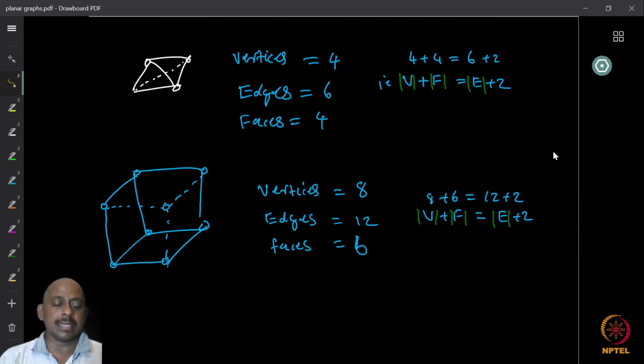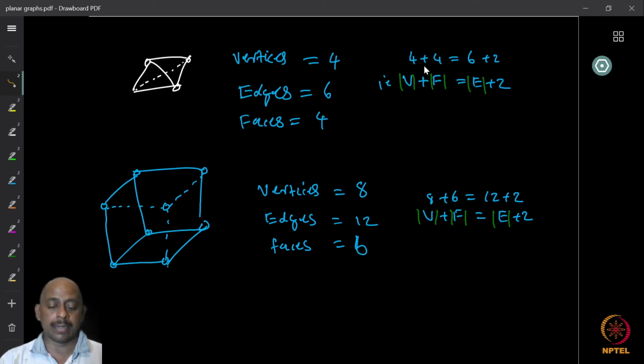So let's look at the tetrahedron case. It has 4 vertices, 6 edges, and 4 faces. Let us observe that the number of vertices, 4, plus the number of faces, 4, is equal to the number of edges, 6, plus 2.